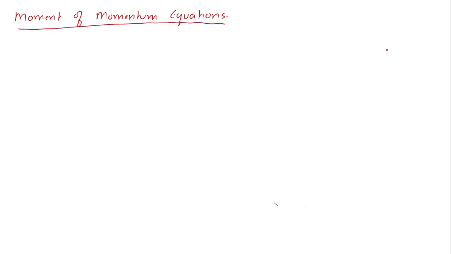So now let's move on to the next topic, the moment of momentum equations. I told you there is a relation between the corresponding moment M and the angular momentum. M is equal to H dot. So how can we include that aspect here?